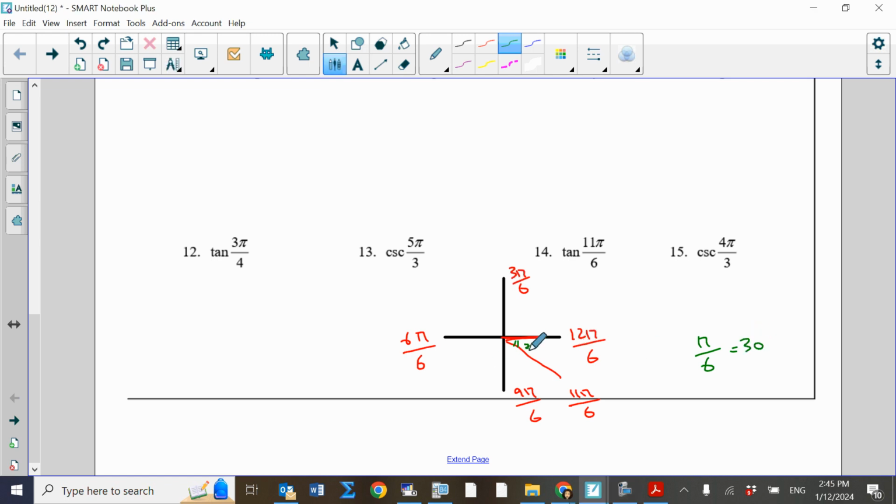So this is 30, this is 60, this is 90. The ratio of the sides will be 1, root 3, and 2. Tangent is opposite over adjacent, which is 1 over root 3.